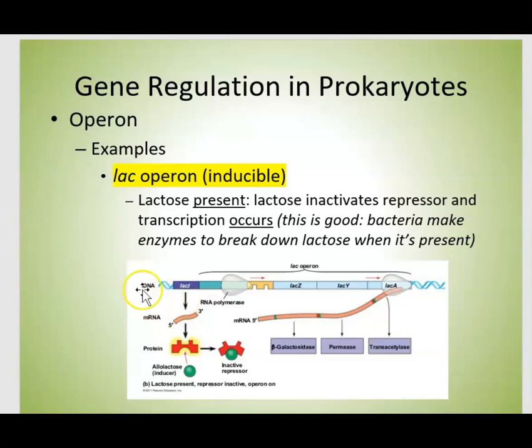It's going to take the repressor out of the picture, allowing the polymerase to bind. Transcription of the lac operon will take place. These proteins that are needed to break down lactose are going to be made, and lactose will get broken down, which is great because lactose is present. So we want to turn on the genes that make the proteins to break down the lactose. So that's an inducible operon.